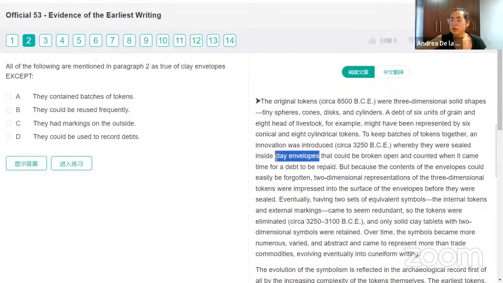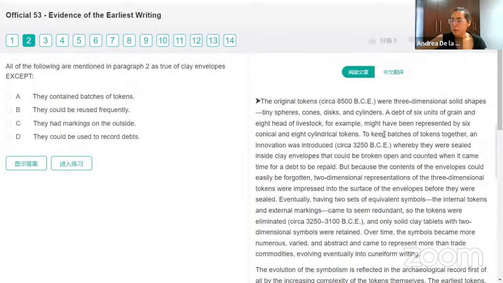So you have to ask yourself, nos preguntan qué es verdad sobre los clay envelopes. Antes de saber qué no es verdad, hay que buscar qué sabemos sobre los clay envelopes. The first information that we have is that batches of tokens were sealed inside clay envelopes.